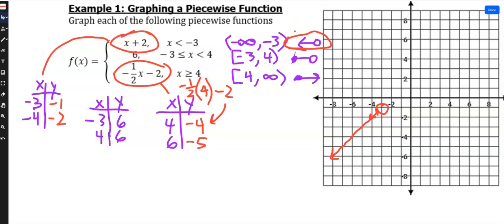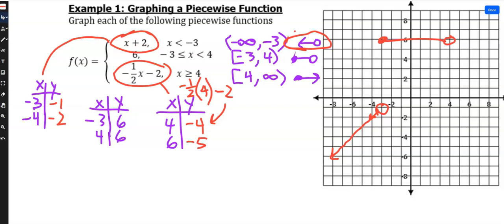If I go to the next one, negative 3, 6 is a closed dot on the left, and positive 4, 6 is an open dot on the right, and a line in between. You only need 2 points to graph a line. When we get to the parabola in a minute, a parabola takes at least 3 points.